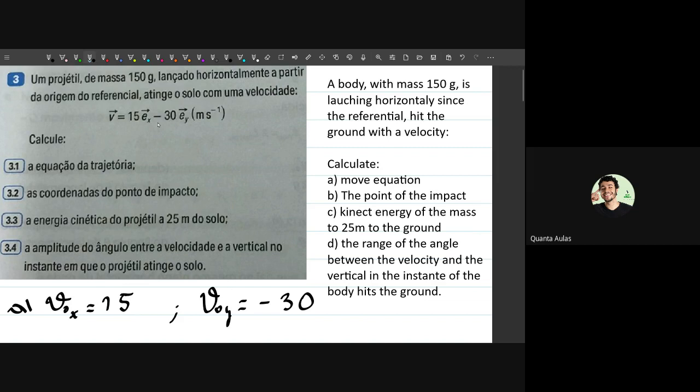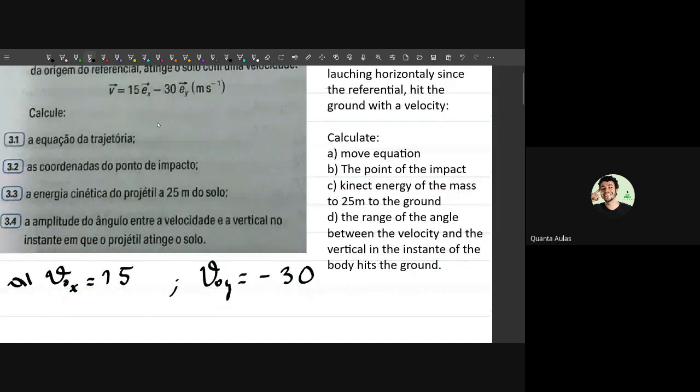So I want you to try to write the equations in the first problem. But remember, a move is the position equations, okay? They want the position equations in problem A. Try to do this and send me a photo.